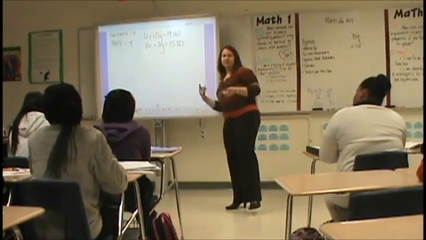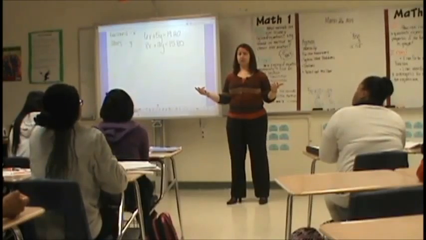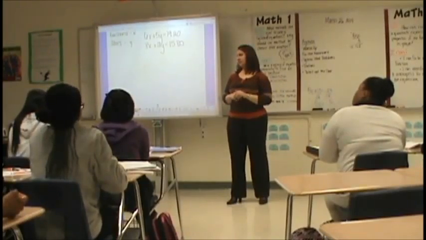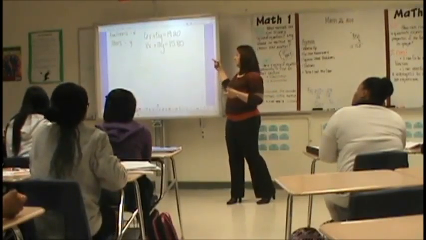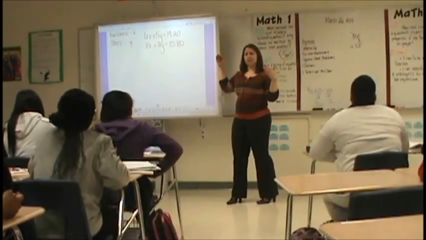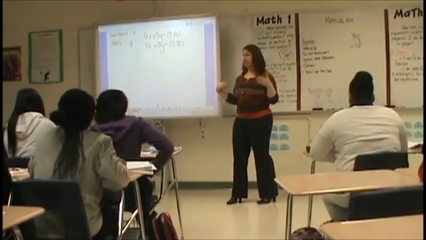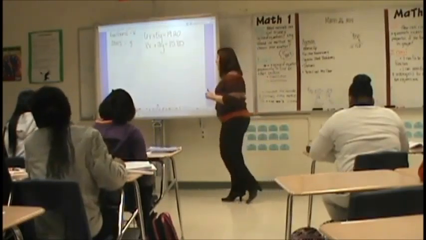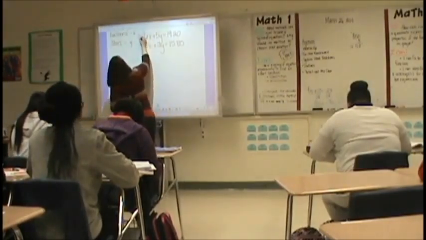If I multiply 6 times 8, what is that? 48. That's kind of a bigger number, right? Do we want to get 48? No. Well, what's 5 times 2? 10. That's a whole lot easier to deal with than 48, isn't it? So what am I going to multiply the top by? 2.